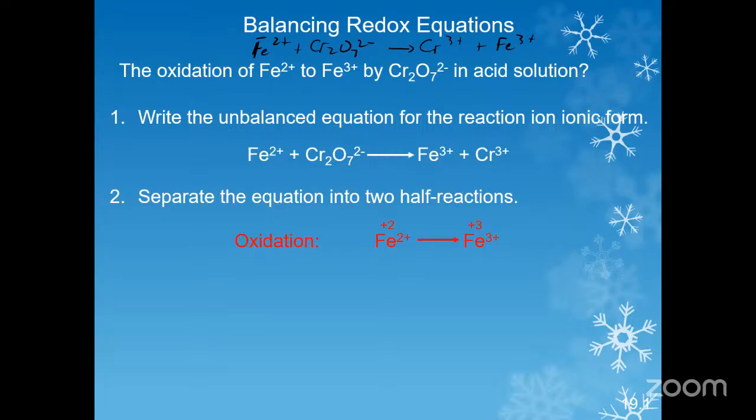And as far as the reduction half equation is concerned, that would be the Cr2O7 2- to form Cr3+. So those are the two half equations that you would have obtained by the separation of the unbalanced equation given or that you have figured out initially.